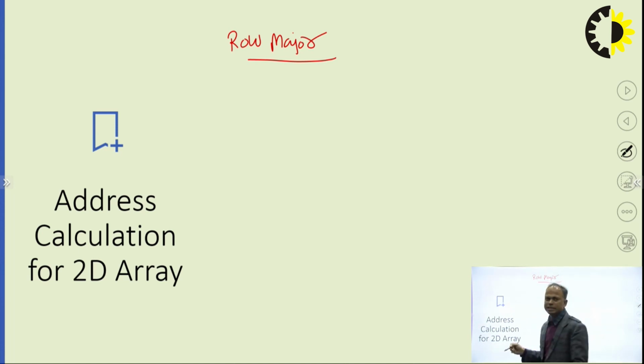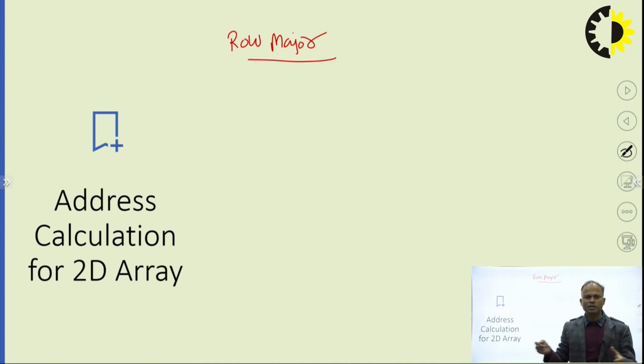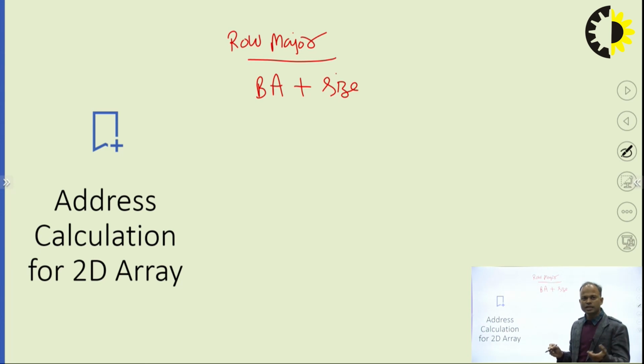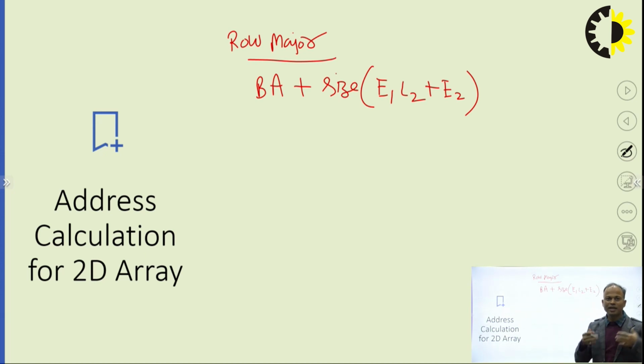We are using various terminologies here: base address plus size, and this size is multiplied by E1 L2 plus E2. So this is the way to write the formula of row measure.